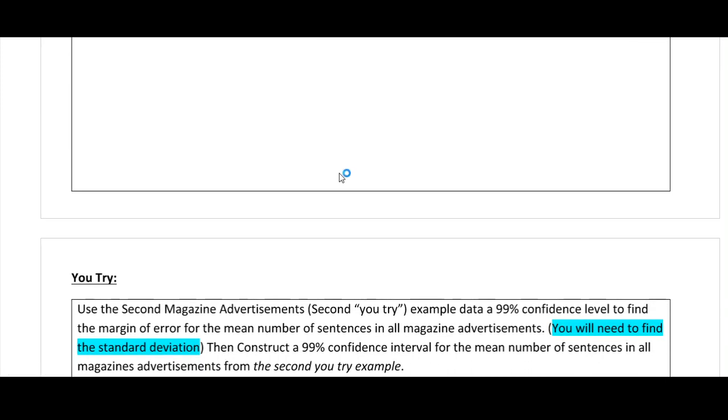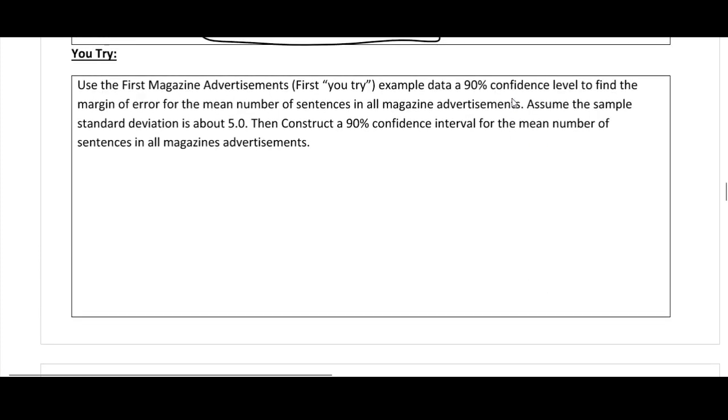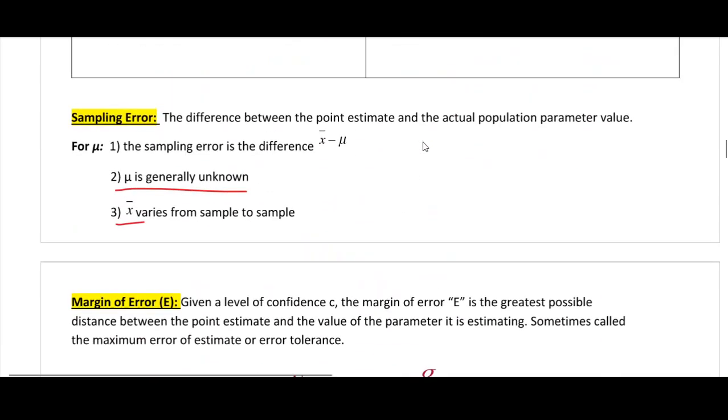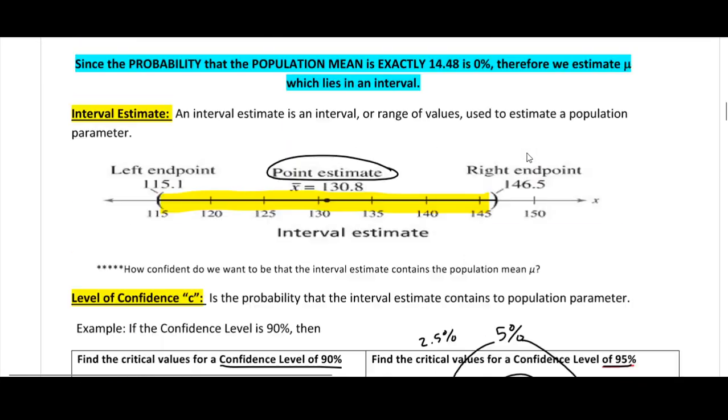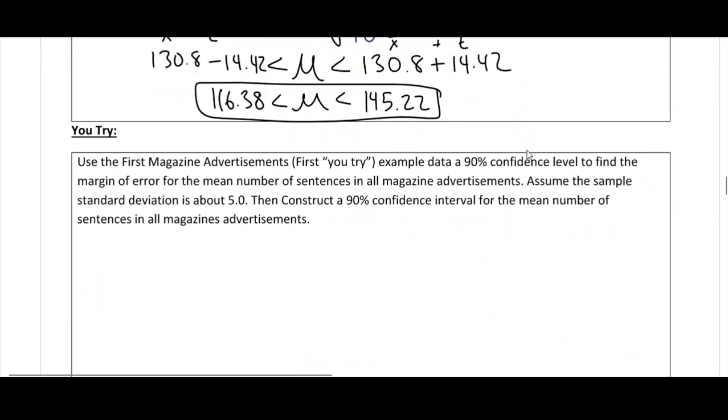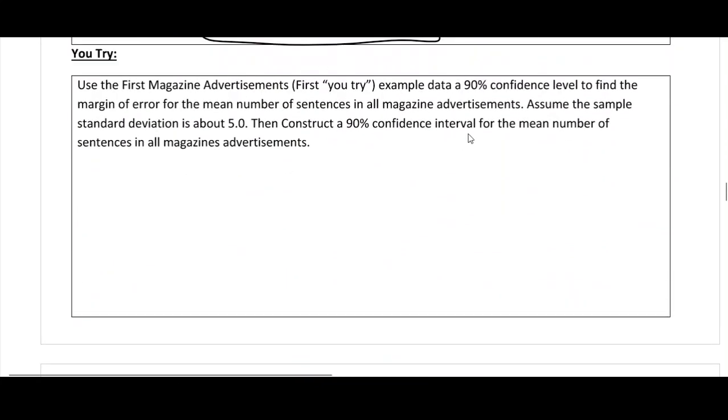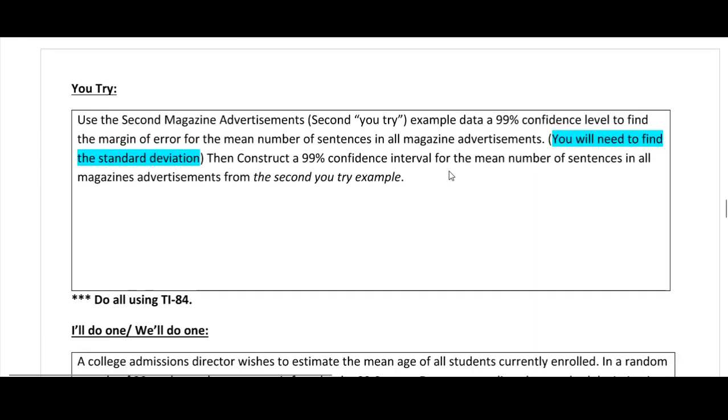So if you guys could, it'll be the first magazine advertisements U-Try, which was this one up here, where the x bar was equal to 14.2. That's going to be this one right here. And then if you have that one figured out, I want you to calculate the confidence interval for this one as well for the second U-Try. And you can do these using your calculator, of course.